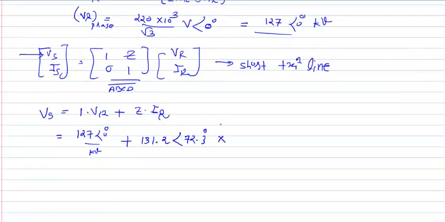So IR that we have calculated is 0.164 at angle of minus 36.9, and this is in terms of kilo ampere. So this is in terms of kilovolt, this is in terms of kilo ampere. So our answer is already in terms of kilovolt. So tell me the answer of this particular. Calculate this answer. Right.